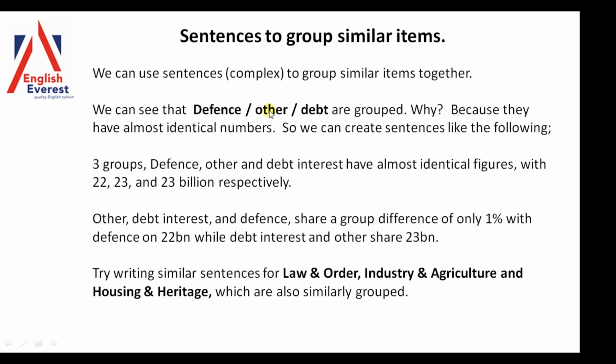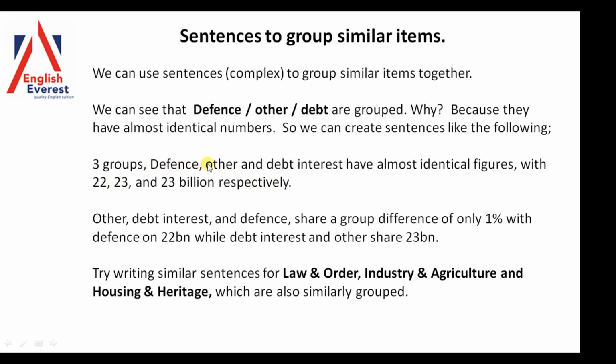So we can see that defence, other and debt are grouped. Why? Because they have almost identical numbers. 22, 23, 23. Almost identical. So let's create some sentences. Three groups, defence, other and debt interest, have almost identical figures with 22, 23 and 23 billion respectively.